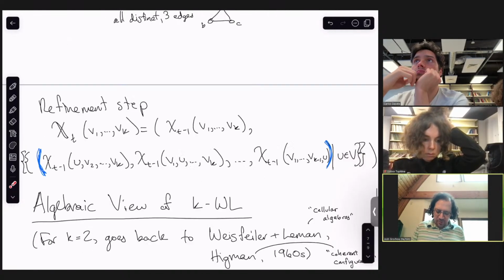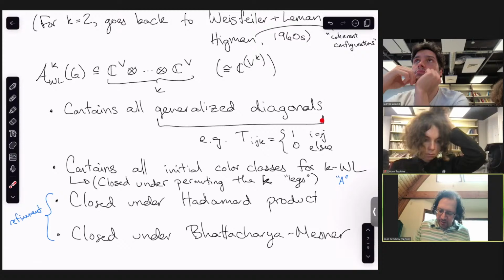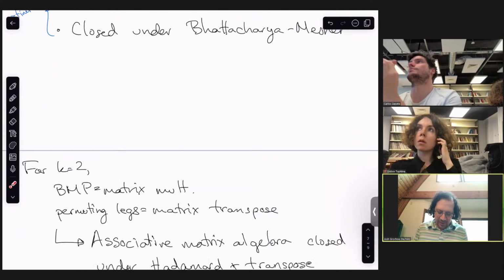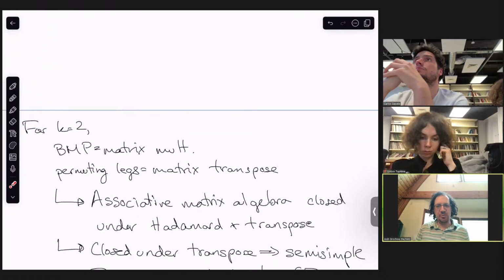Because the things I'm starting with are closed under permuting the legs in all possible ways, and these products, Hadamard and Bhattacharya-Mesner, preserve this property, this whole algebra is also going to be closed under permuting the k legs. And in the k equals 2 case, that just means matrix transpose, right? You only have two legs.